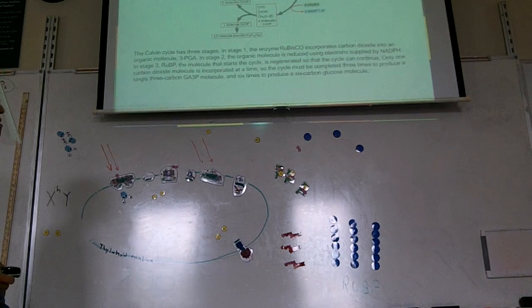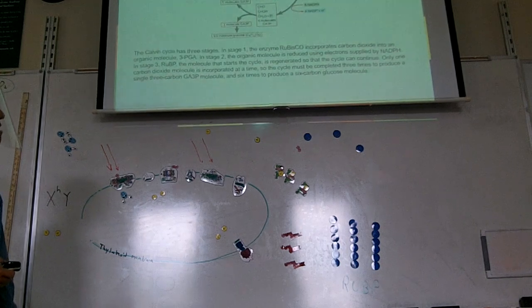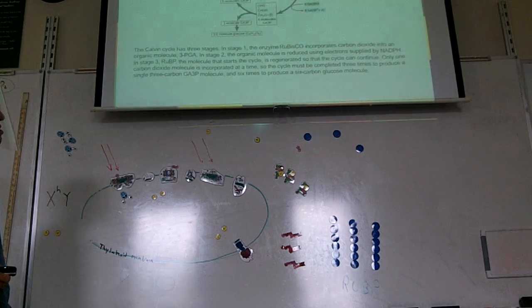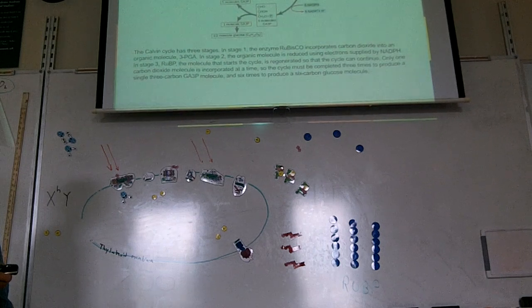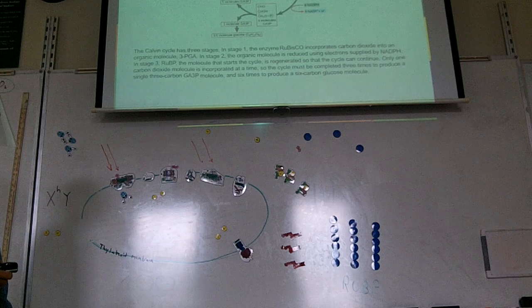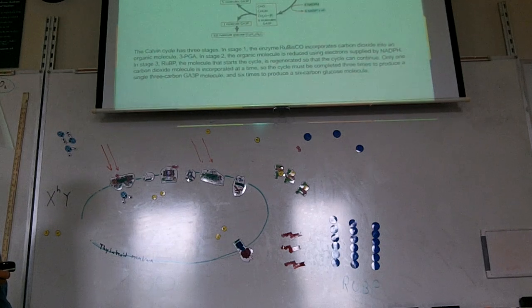So, do you see how it says 3 molecules of CO2 attached to RuBP? Here's RuBP. This is what the molecule actually looks like. Do you see how it has 5 carbons? 1, 2, 3, 4, 5.